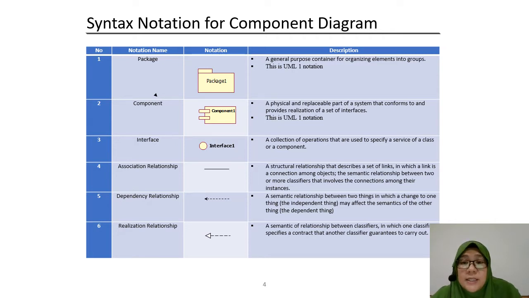A component has a name, maybe a file name, an exe file, a .java file or a library. This interface tells you the purpose of that component. Then you have an association relationship. Then we have a dependency and a realization relationship.